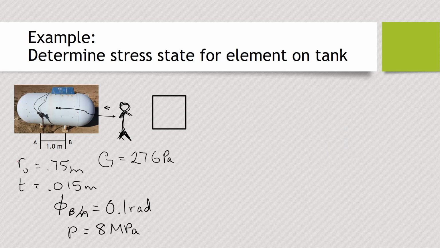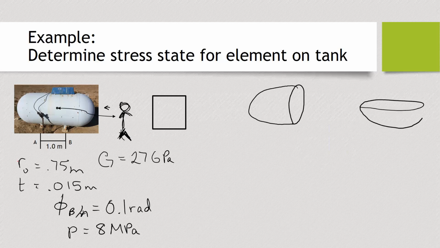Okay, so we can look at sectioning this member, and in particular, we're going to want to take a section of the member that's a vertical section to expose normal and shear stresses acting on that vertical plane. And we're going to want to take another section that is a horizontal section to expose any normal shear forces acting in the other direction.